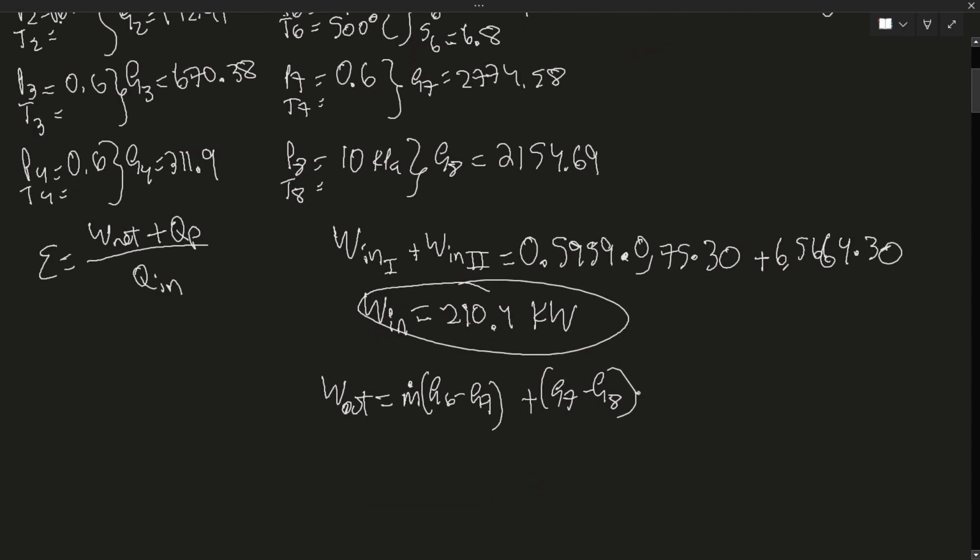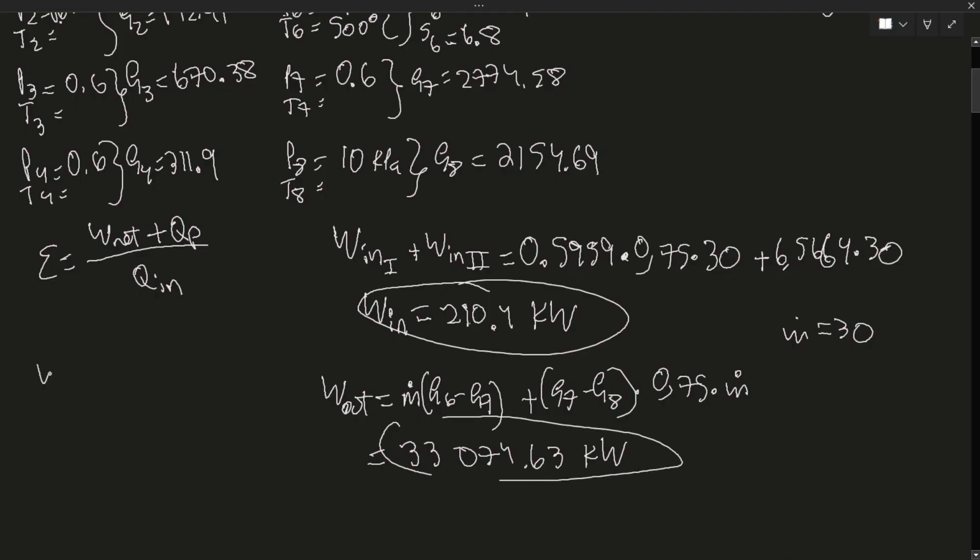So times 0.75 times m dot, which is equal to 30. Plugging in all the values, you're going to get a W out of about 33,074.63 kilowatts. So work net is equal to work out negative work in, which is equal to about 32,864.225.